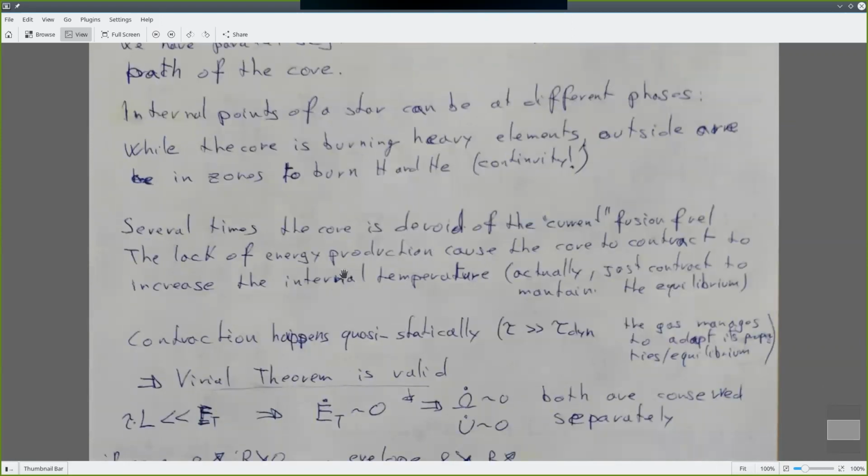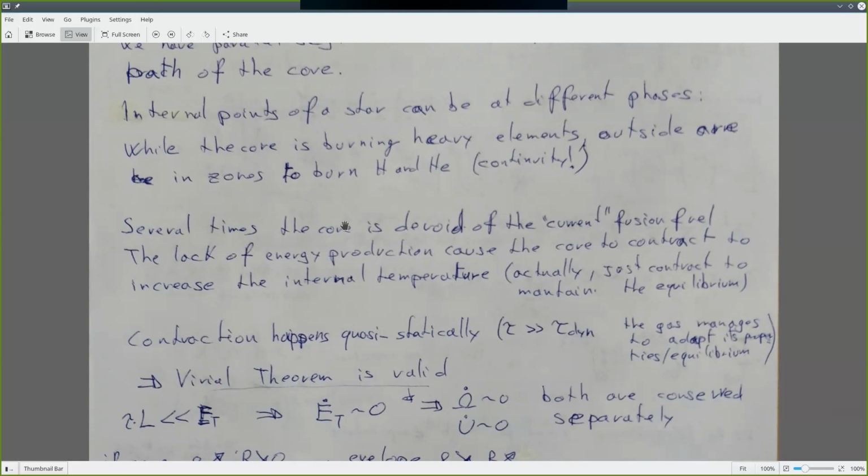So what this means is that, since at the beginning it's burning hydrogen, then helium, and so on, and you need to produce all this fuel, for several times the core is devoid of the current fusion fuel, so the core starts to not produce more energy.